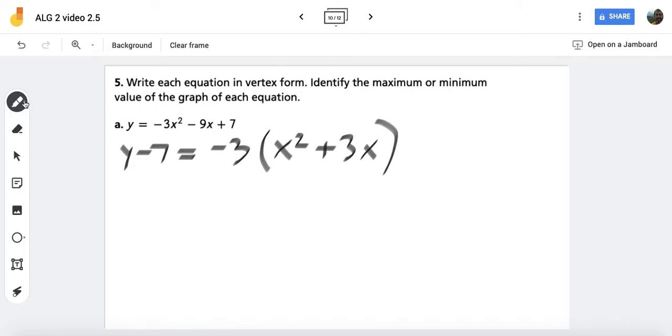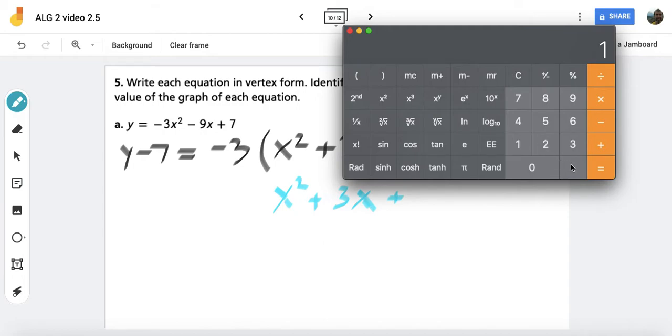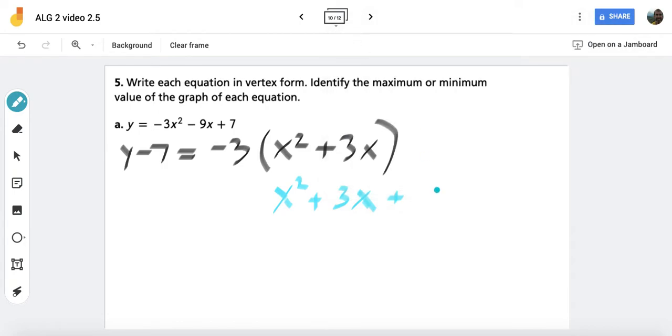Now this is what we wanted, so we can complete the square. Completing the square involves us taking half of 3, which is 1.5, and squaring it. 1.5 squared, I don't want to embarrass myself by getting it wrong, so 1.5 squared is 2.25.